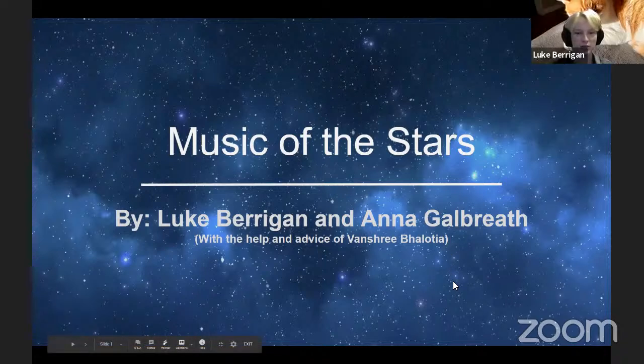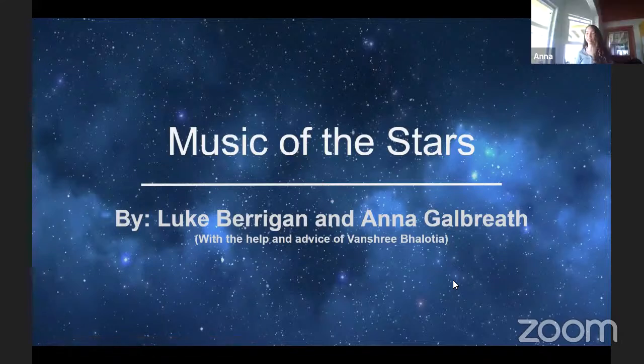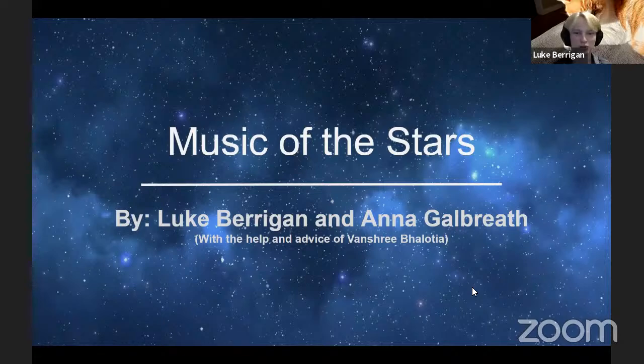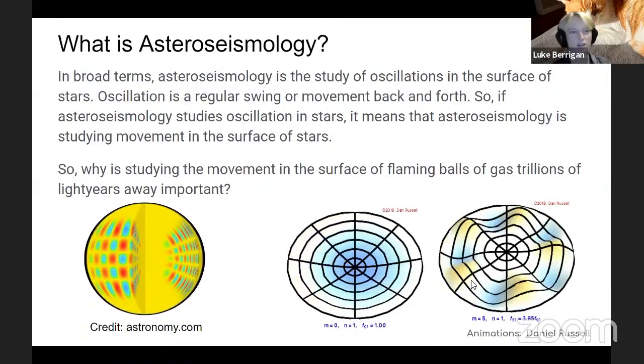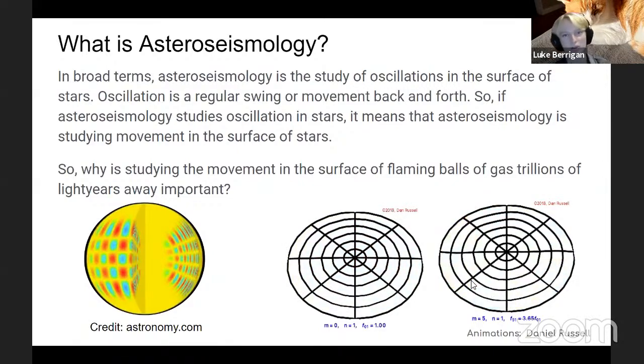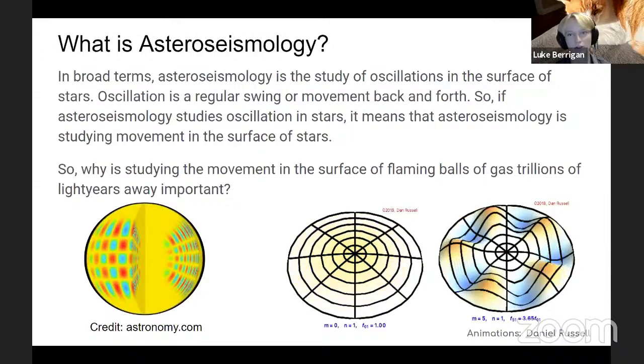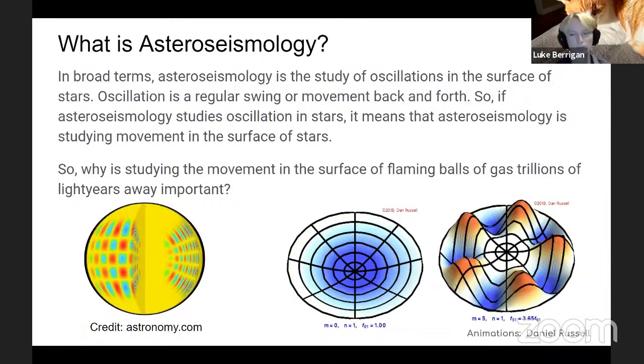Hello, my name is Luke Berrigan. I'm Anna Galbraith. And our project is Music of the Stars. Next slide, please, JD. So, what is astroseismology? In broad terms, astroseismology is a study of oscillations in the surface of stars.